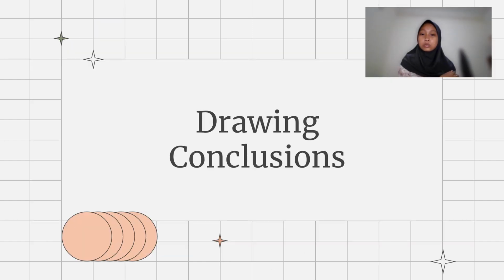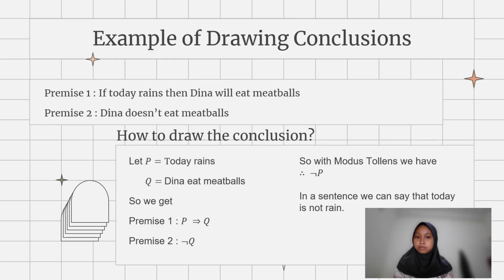Okay, next I will show you about drawing conclusions. In the example of drawing conclusions, we have two premises. Premise 1, if today rains, then Dina will eat meatballs. And premise 2, Dina doesn't eat meatballs. How to draw the conclusion?